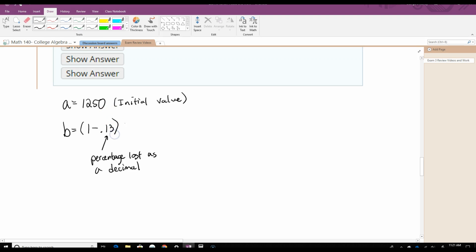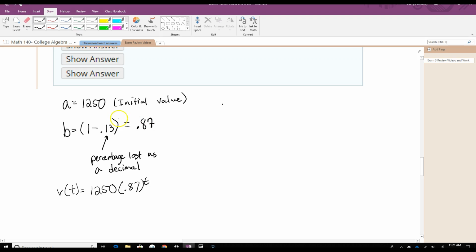So that equals 0.87. With that, we now have the entire model. The value, we'll call it v of t, is going to equal 1,250, my initial value, times 0.87 to the t.